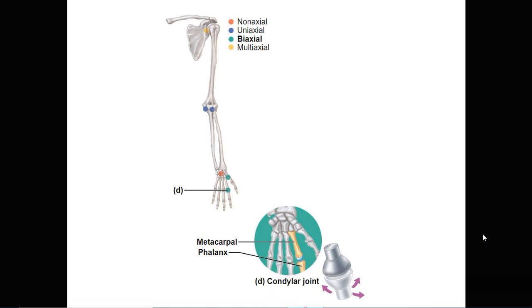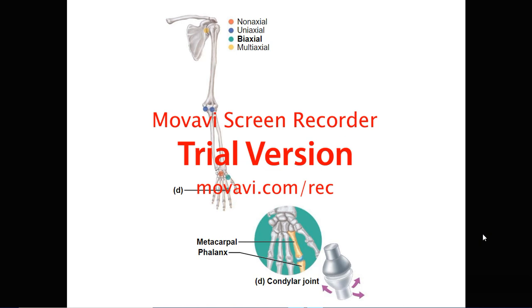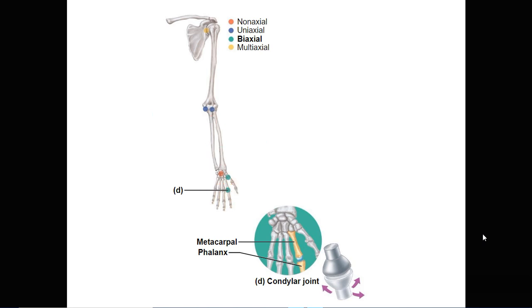With this kind of movement, you have movement in two planes: flexion and extension, and also sideways. Moving sideways is allowed at this metacarpophalangeal joint.